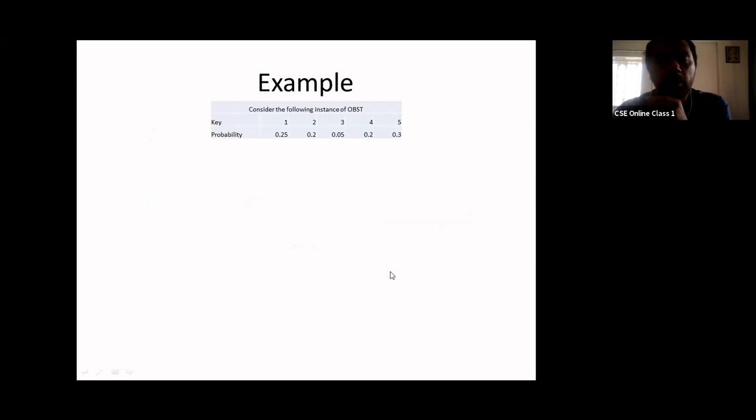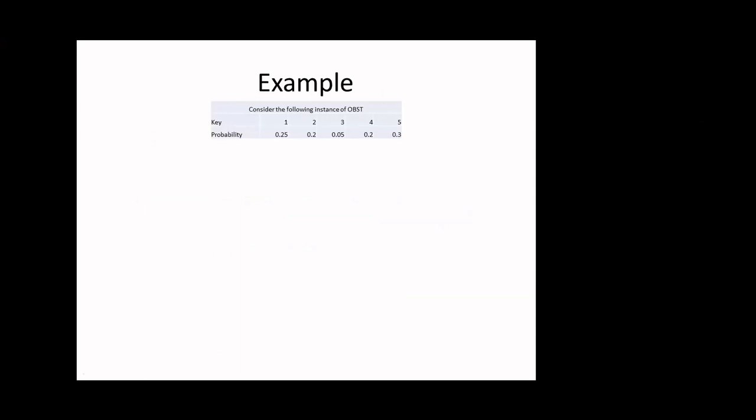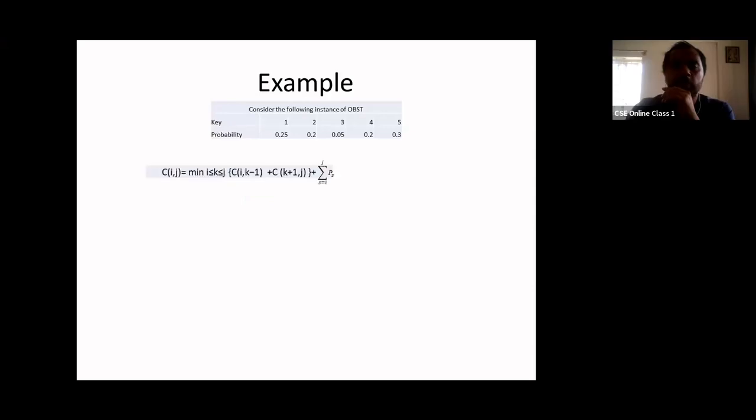So we had a problem of this, am I right? Okay, so when we have a problem of this, our main equation is C of ij equal to C of ik plus C of kj plus summation of probabilities of keys running from i to j, where picking out k is in between i to j.